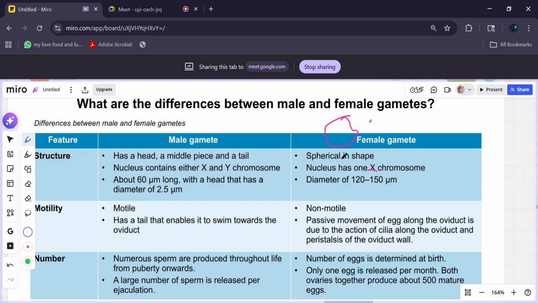These chromosomes code for the creation of an unborn child. They help determine the gender of the unborn child.